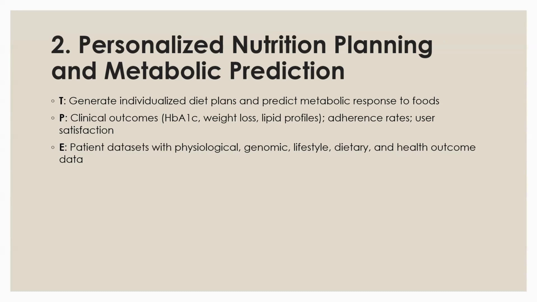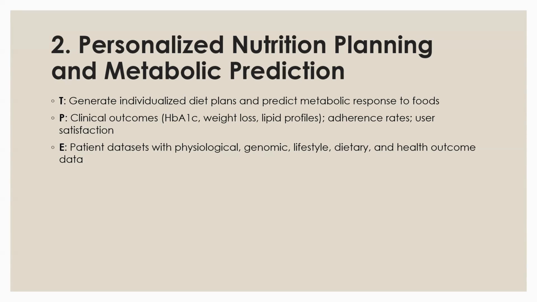Okay, so you first train the AI through this process. So AI learns, okay, these are the characteristics of their physiology, then this should be the diet plan.